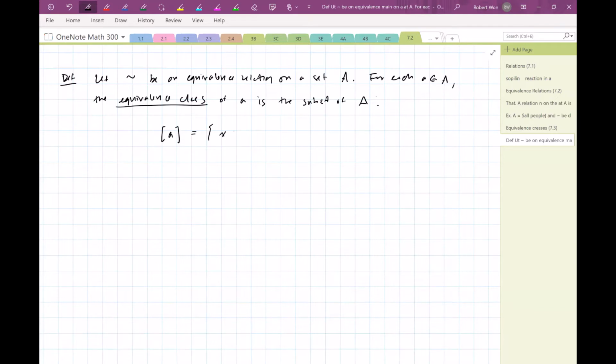It's all of the elements in A that are equivalent to little a. This thing you read as the equivalence class of little a.